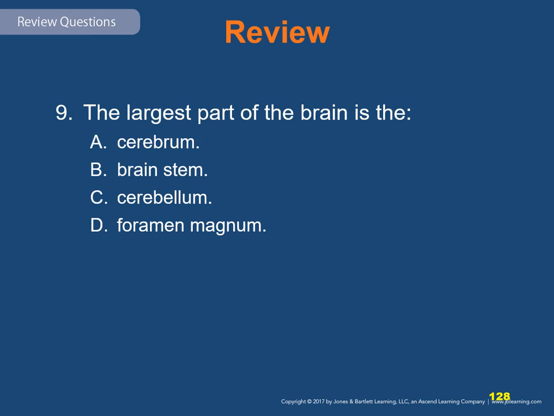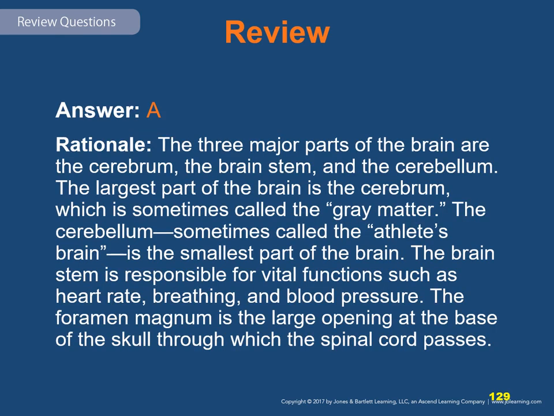Number 9. The largest part of the brain is the cerebrum, brainstem, cerebellum, or foramen magnum. You could probably get this one right. And it is A. The 3 major parts of the brain are the cerebrum, the brainstem, and the cerebellum. The largest part of the brain is the cerebrum, which is sometimes called the gray matter. The cerebellum, sometimes called the athlete's brain, is the smallest part of the brain.